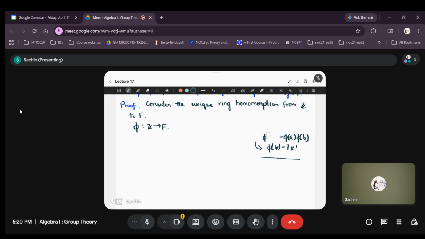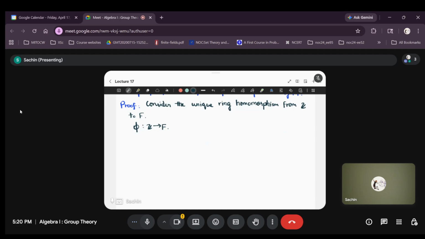And now that we are considering a unique ring homomorphism from Z to F, does this mean that since Z is a ring and F is basically a field, and because every field is a ring, we are considering the homomorphism between the ring Z and the ring F?